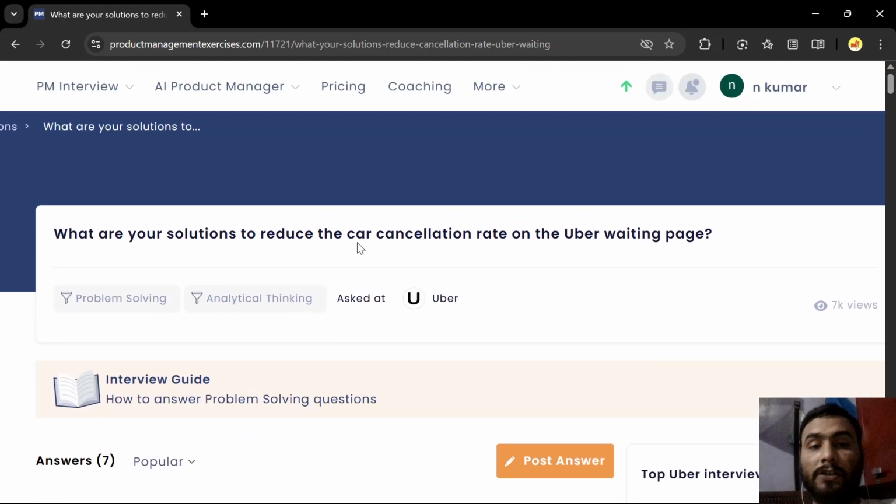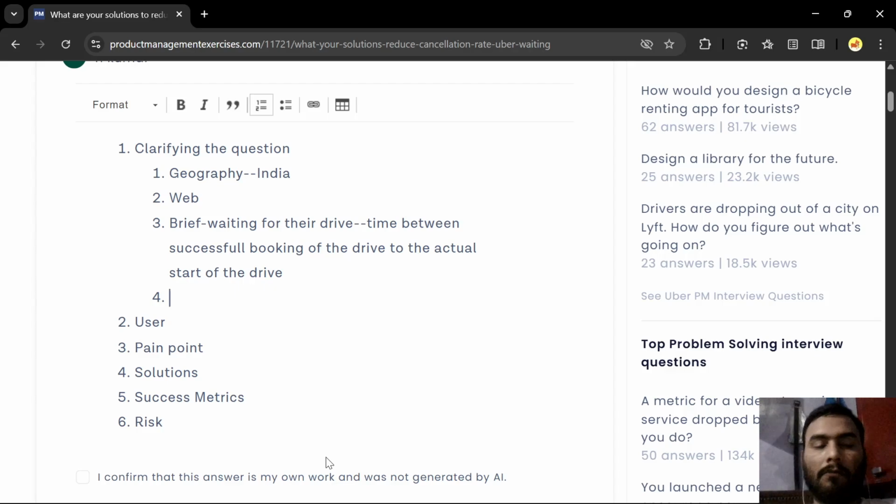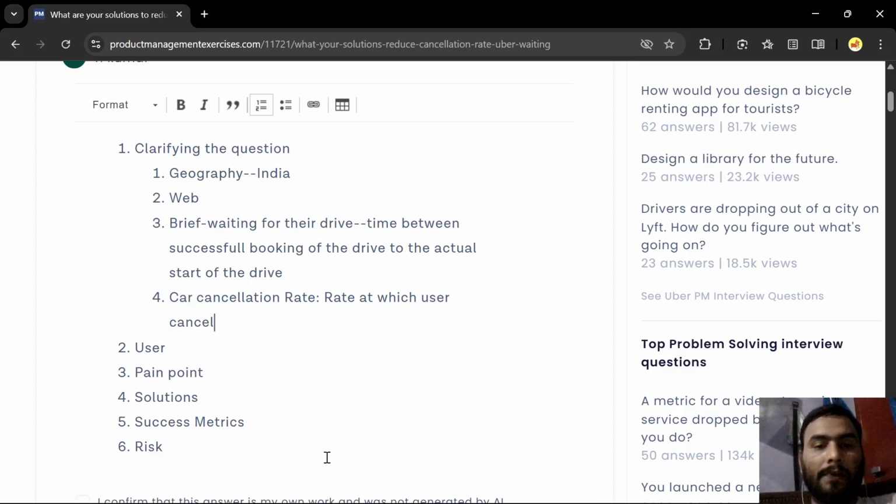Now we have understood what this waiting page means. Now we will think about the car cancellation rate. I mean, we just verify or assume what we are doing. Now car cancellation rate, this is the rate at which users cancel their ride.